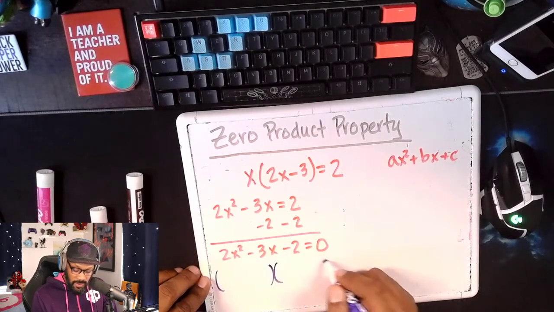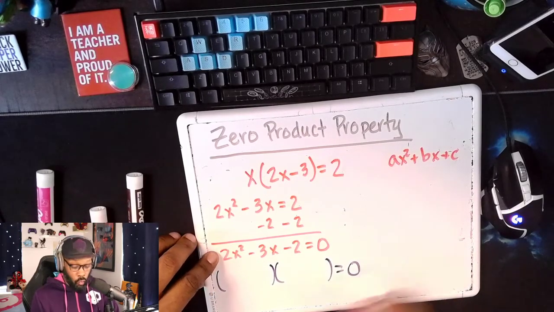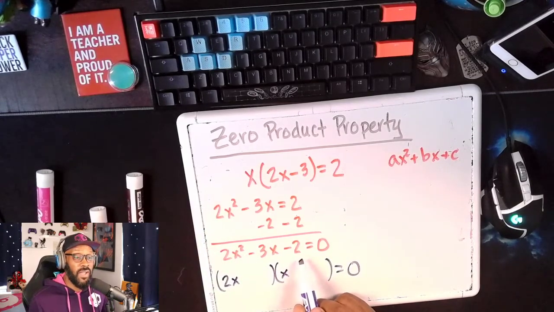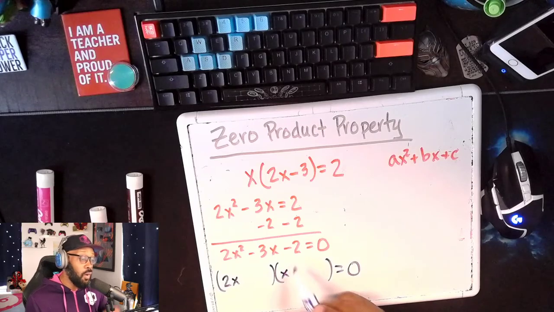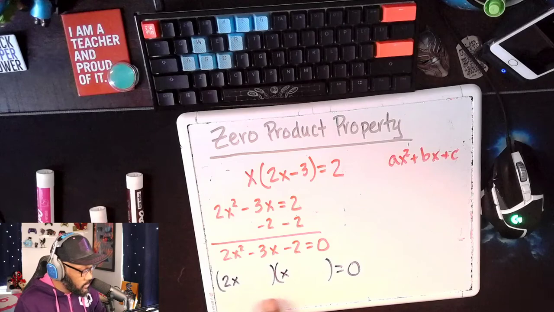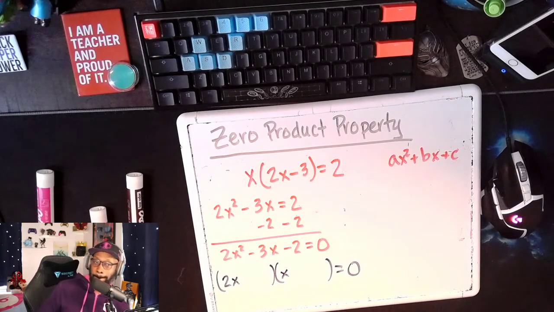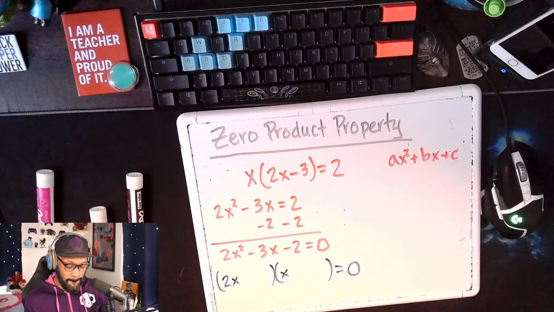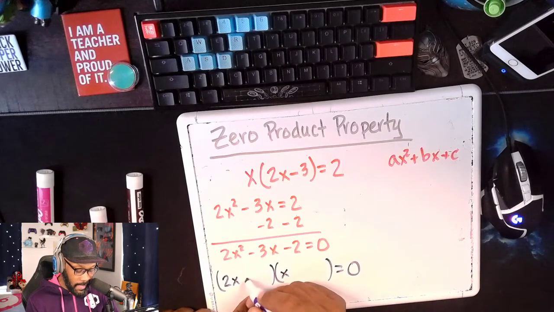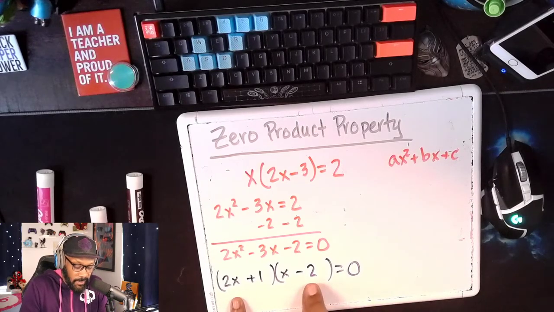So what are the factors of 2x squared that can work? One of them has to be 2x and the other has to be x. And now I'm looking at the factors of 2, which are 1 and 2. Here's the question: where does the 1 and 2 go? And what is the sign attached? If you pause and you click back in to see, I got plus 1 here and I got a minus 2 here because that's going to give me a negative 4.